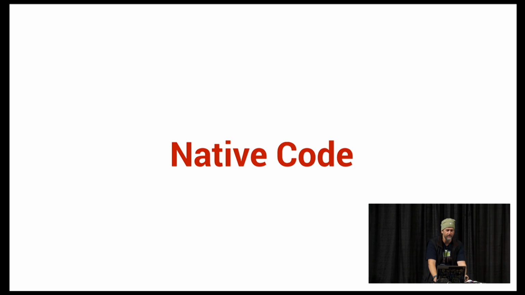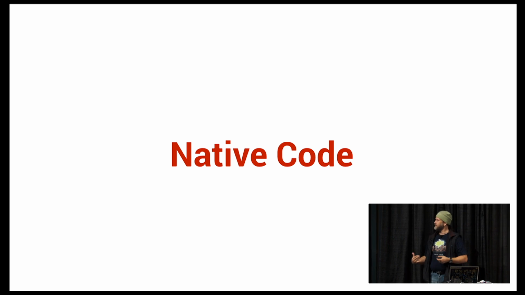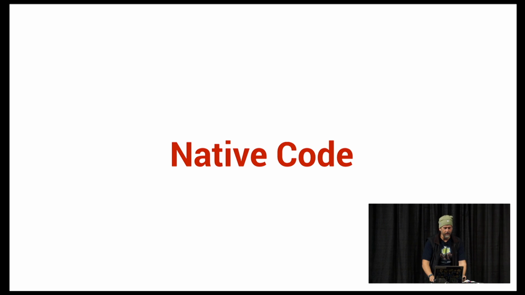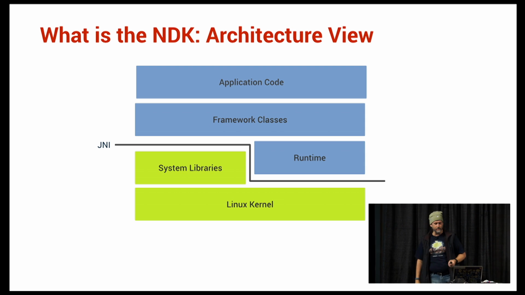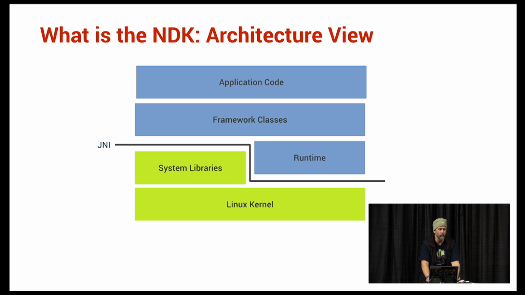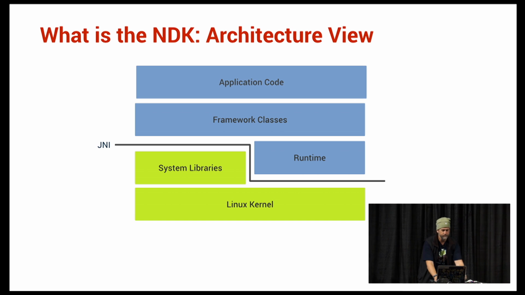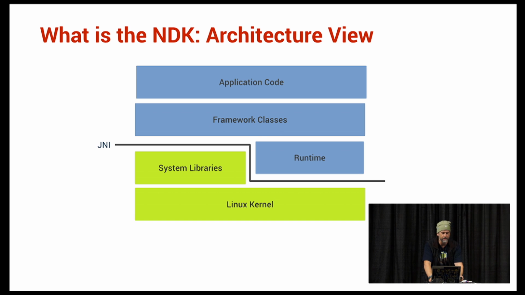Most of you guys have actually done native code. But I'm talking about code written using the NDK. And we're talking about primarily C and C++ code that interfaces with the Android runtime using JNI. Here is a really abbreviated architecture diagram of what this looks like. Applications written with the SDK take the form of these DEX classes that execute on the Android runtime.